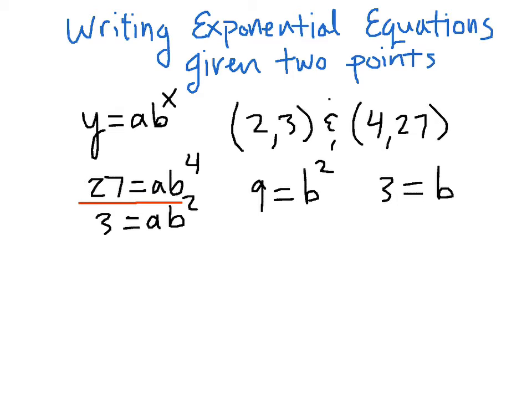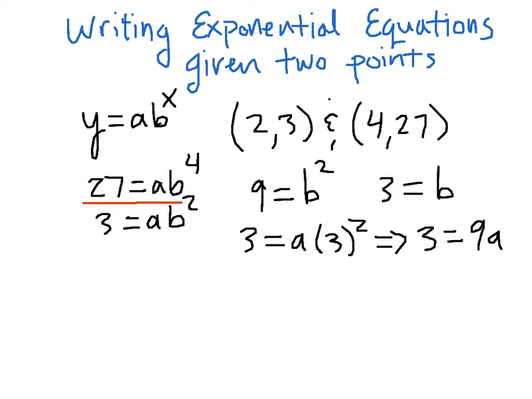Now, to find the a value, all we need to do is take our b value and plug it into b there or there. I would suggest using a smaller power. That way you're working with smaller numbers and it's easier to do without a calculator. So we get 3 equals a times 3 squared, which becomes 3 equals 9a.